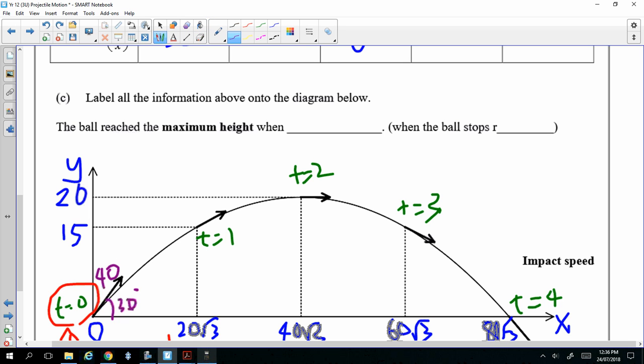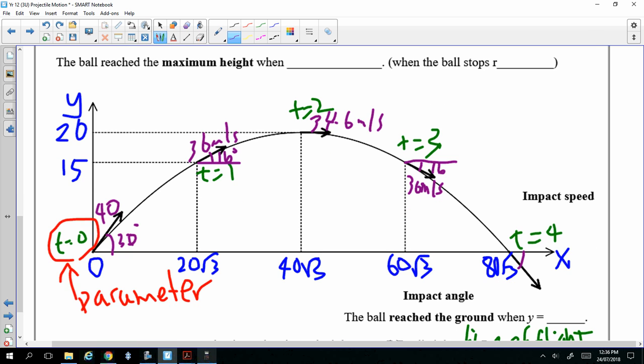After that, the angle becomes negative because it's going downward: negative 16 at 36 meters per second. And then the last one will be 30 degrees again at 40 meters per second. So the starting speed and the final speed are the same, right? It's by symmetry.